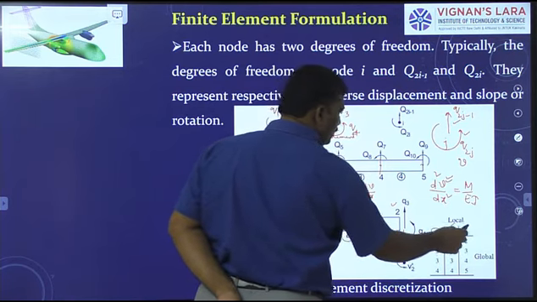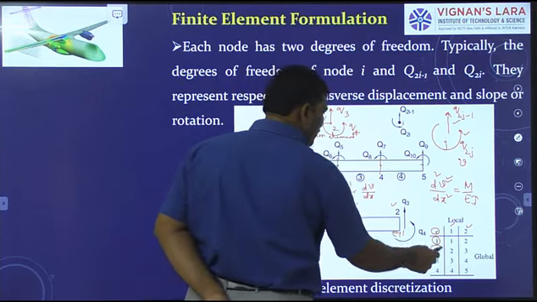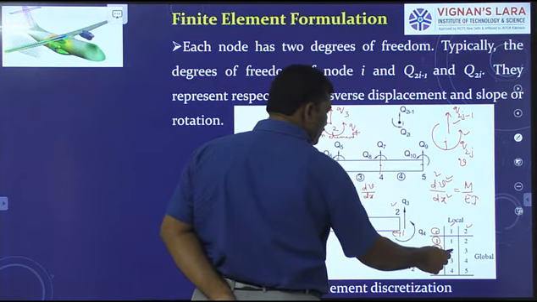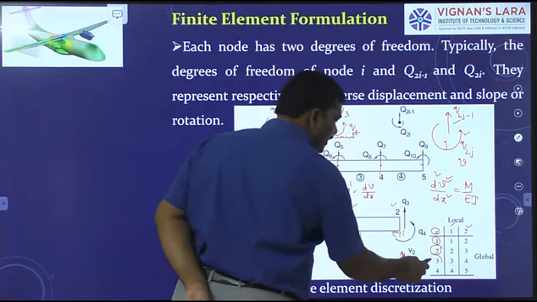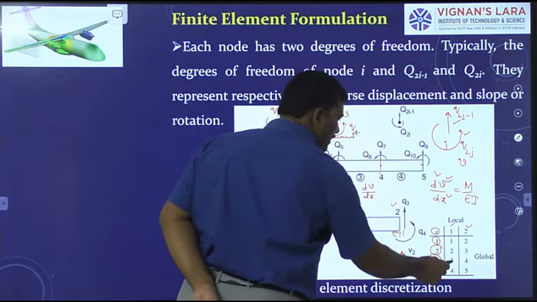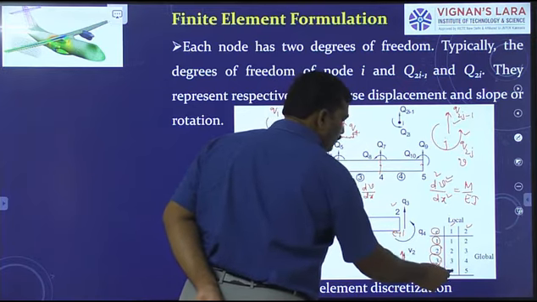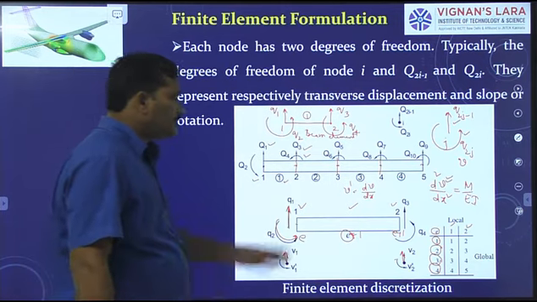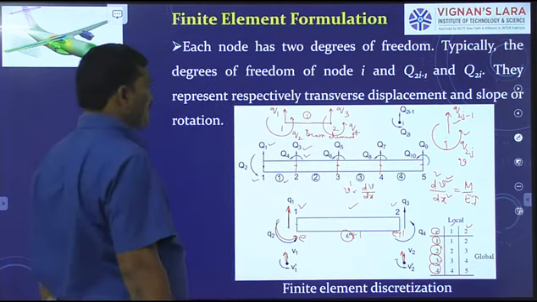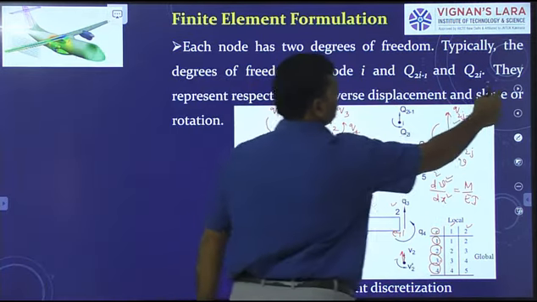For element 2, node 2 is the first node and node 3 is the second. For element 3, node 3 is the first node, node 4 is the second node. For element 4, node 4 is the first node, node 5 is the second. This is how I can prepare the element connectivity table.